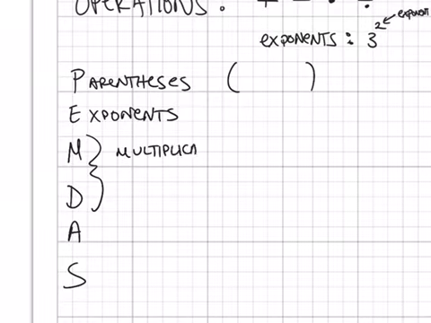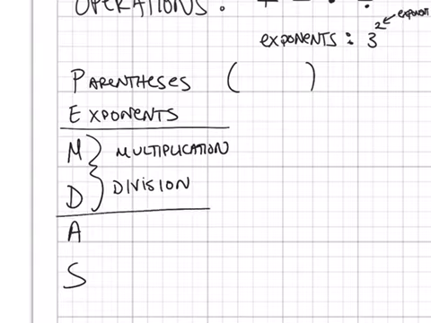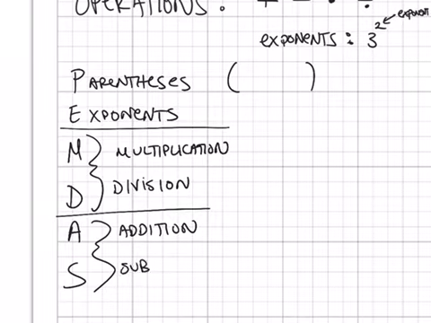And I'll talk to you more about this later, about why it doesn't actually matter which order you do multiplication and division in. However, multiplication and division have to come before addition and subtraction. And so, the order of operations runs from the top to the bottom, where whatever is higher on this list gets done before anything that's lower on the list. And that's how the order goes.